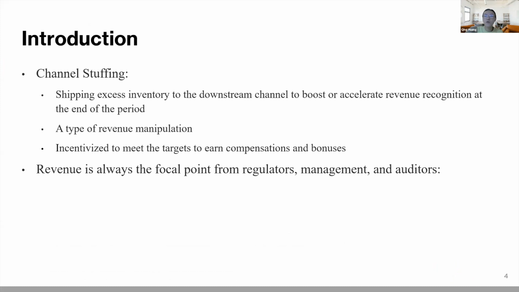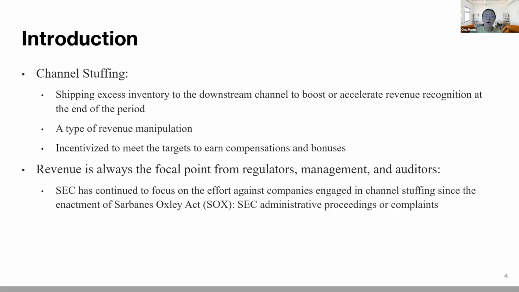Because the regulators, the management, as well as the auditors are all concerned about these revenue recognition issues. For example, the SEC has released a lot of administrative proceedings as well as complaints that involve this channel stuffing issue.